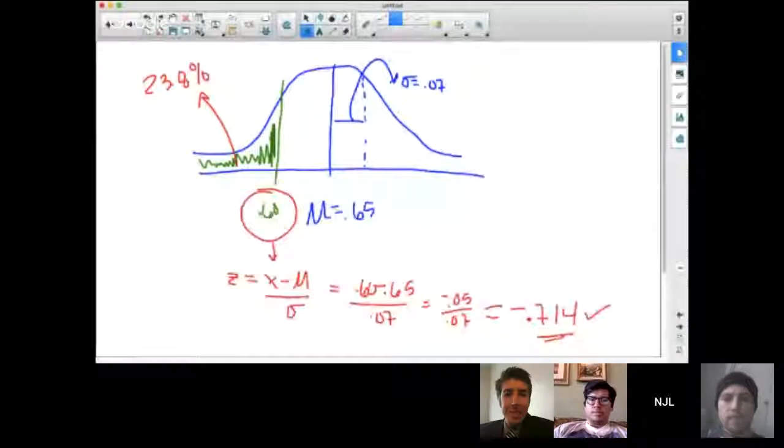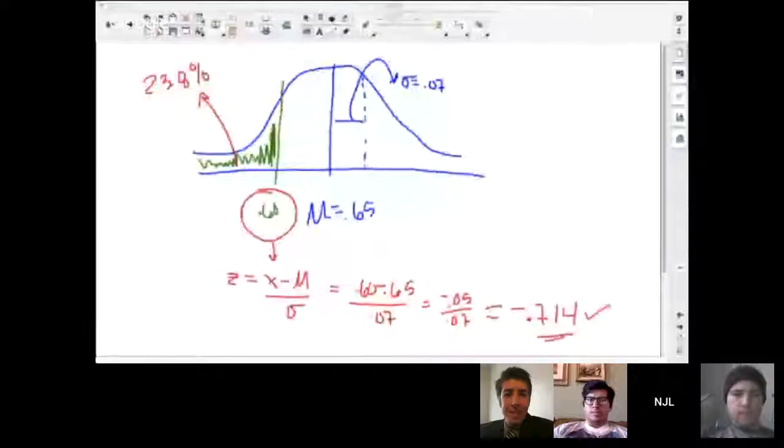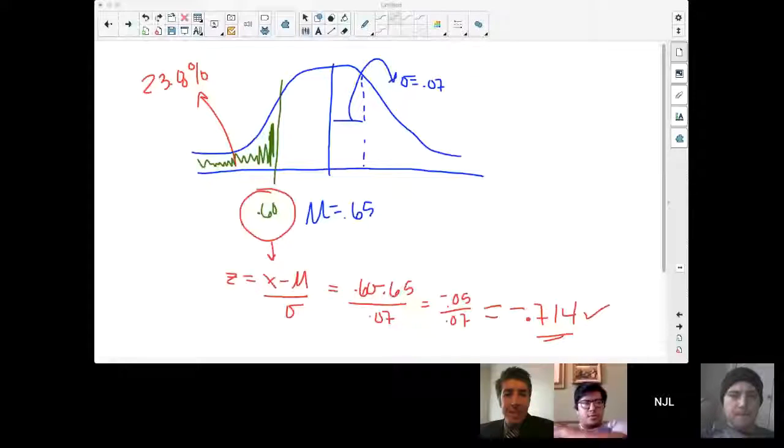Does that make sense? Yes, makes sense. And that's kind of the critical piece of statistics. It's all about trying to understand what proportion of people or subjects fall in a certain situation.